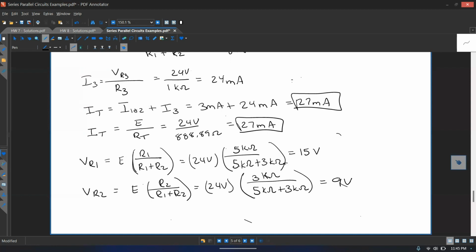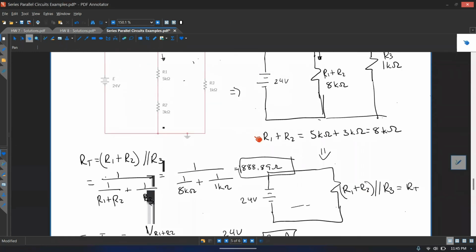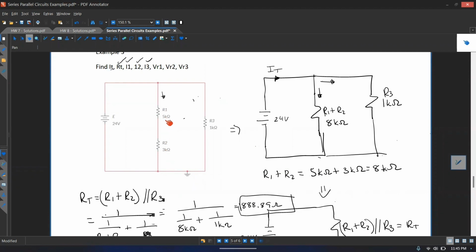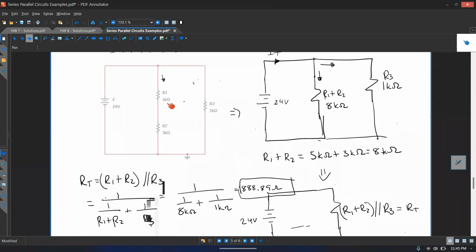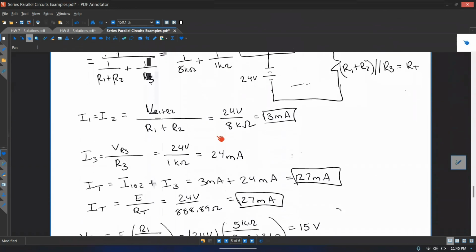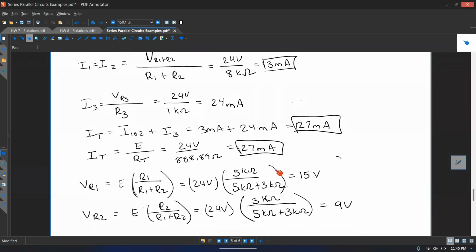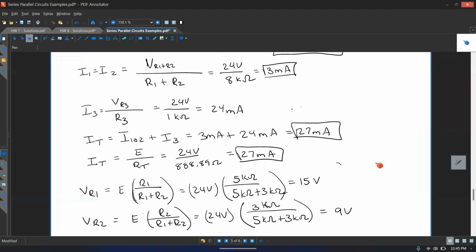Equals 9 volts. Now keep in mind, I could have used Kirchhoff's voltage law and solved for VR2 algebraically. That's another method. I could have used Ohm's law because we know the current that's flowing through each one of these resistors, and we know the resistor values. So you just simply do a quick Ohm's law. You could have solved for it that way.